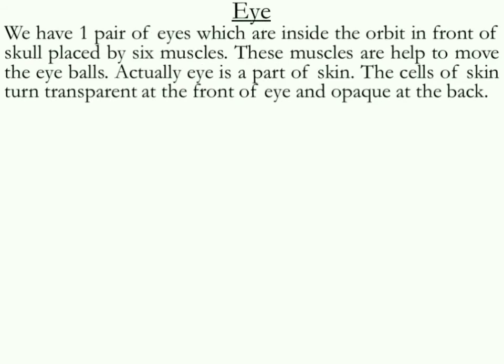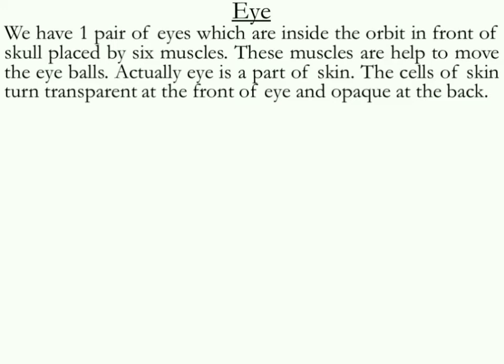Now let us start with a sensory organ, that is the eye. And today we will discuss only the eye. Now look at what we know about our eye. We have one pair of eyes which is inside the orbit in the front of the skull, placed by 6 muscles.